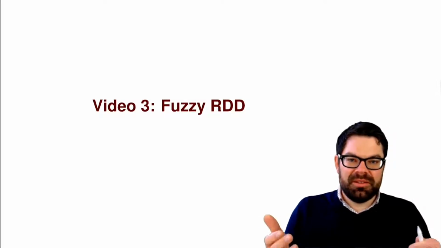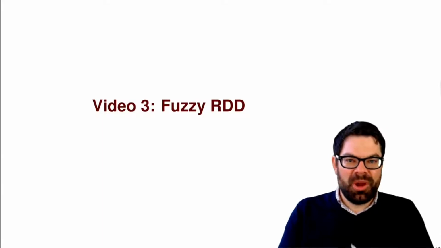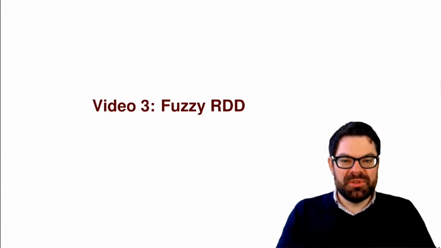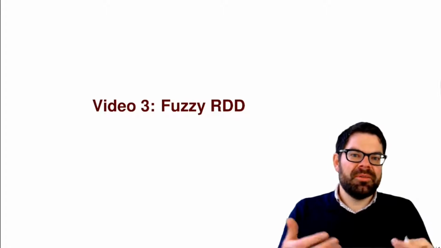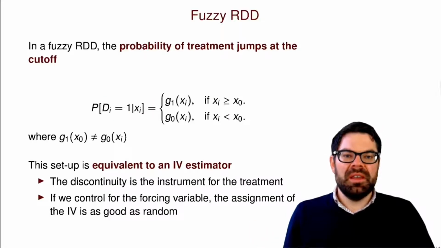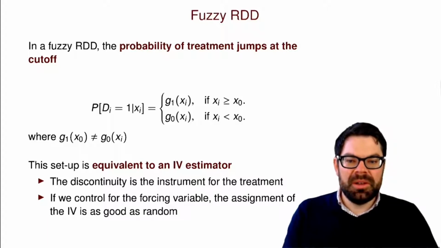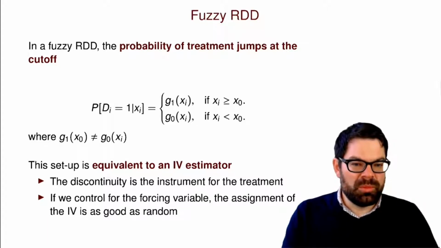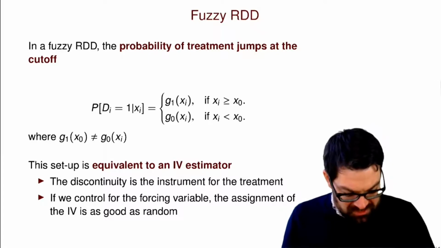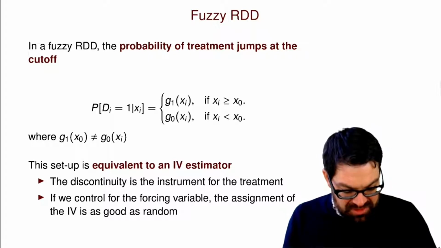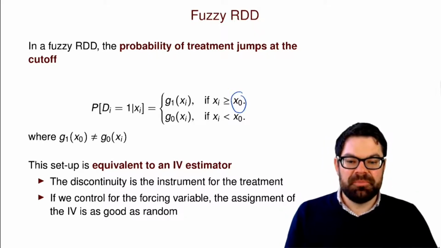In a sharp regression discontinuity, the jump in the treatment probability is between 0 and 1. In a fuzzy regression discontinuity, it jumps but not between 0 and 1. All it does here is that the probability of treatment jumps at that discontinuity of x naught.